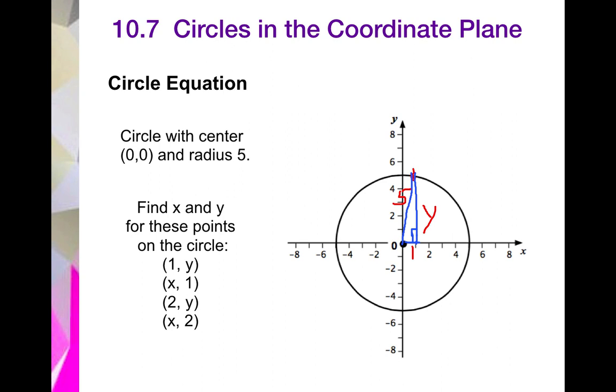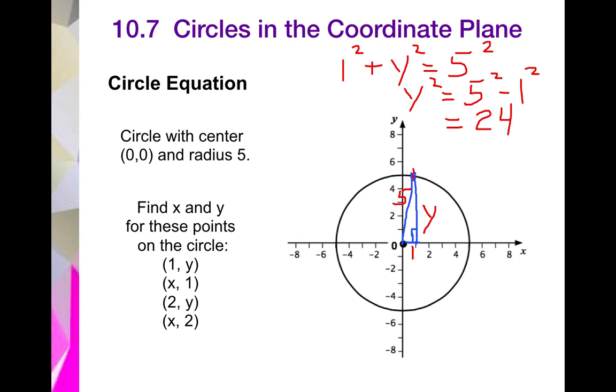we just use the equation. We have 1 squared plus y squared is equal to 5 squared. And then we calculate out, we subtract 1 squared from both sides, so I get y squared is equal to 5 squared minus 1 squared. And that turns out to be 24.